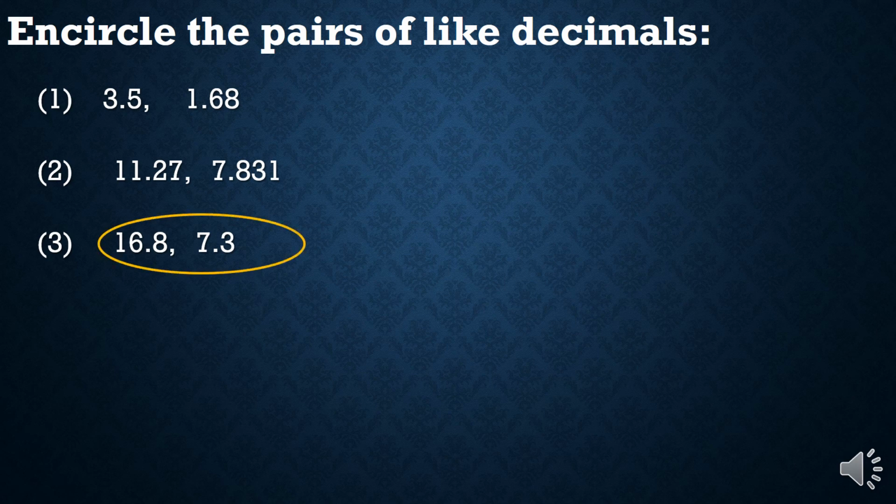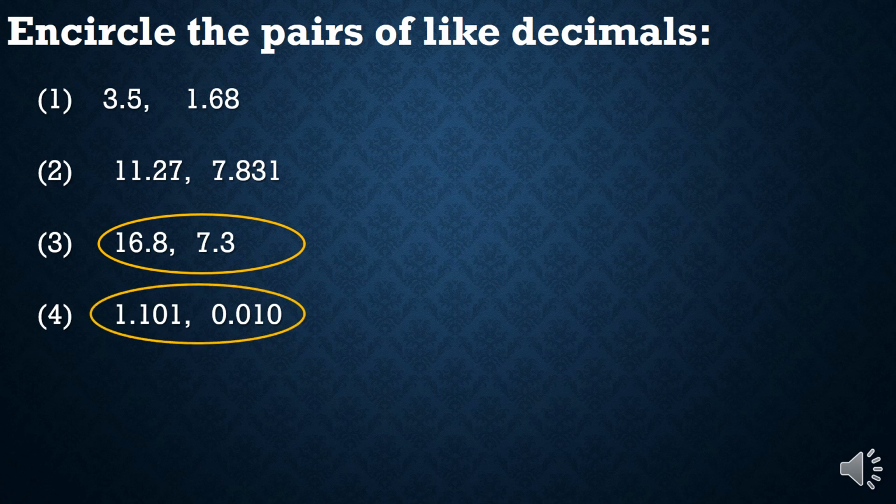So encircle the pair. See, in 1.101 after decimal 3 digits, and in 0.010 after decimal 3 digits. So what do you observe? Yes, after decimal both the numbers have the same digits. So it is a pair of like decimals. So encircle them. Question number 5. 93.21 and 93.217.